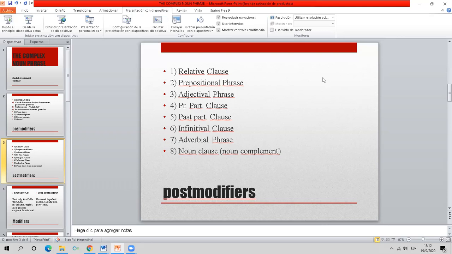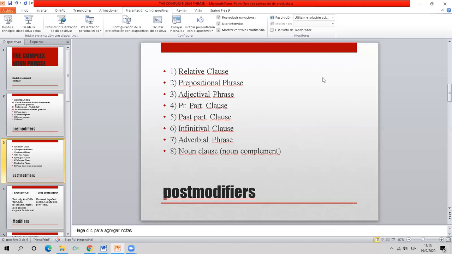Or an adjectival phrase, because we always think of the adjectival phrase as a pre-modifier, because in most cases adjectives come before nouns, but sometimes you may find an adjectival phrase in post-modification.